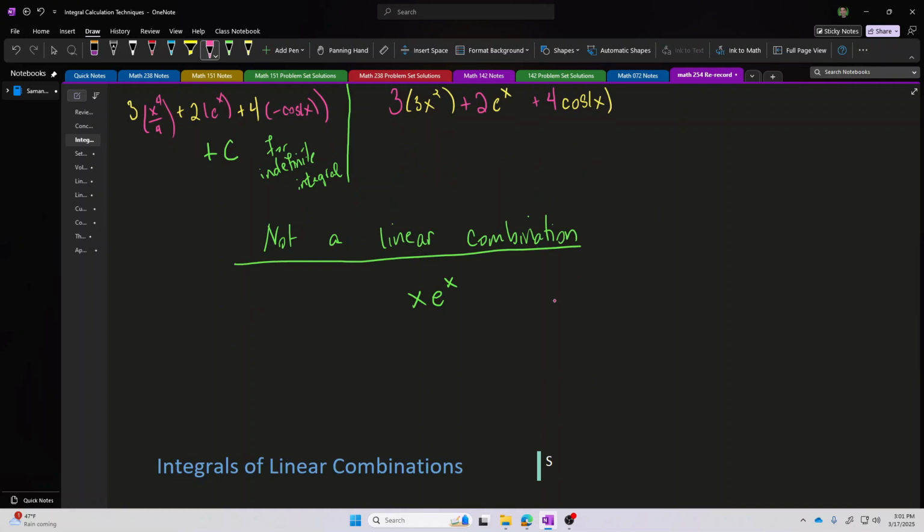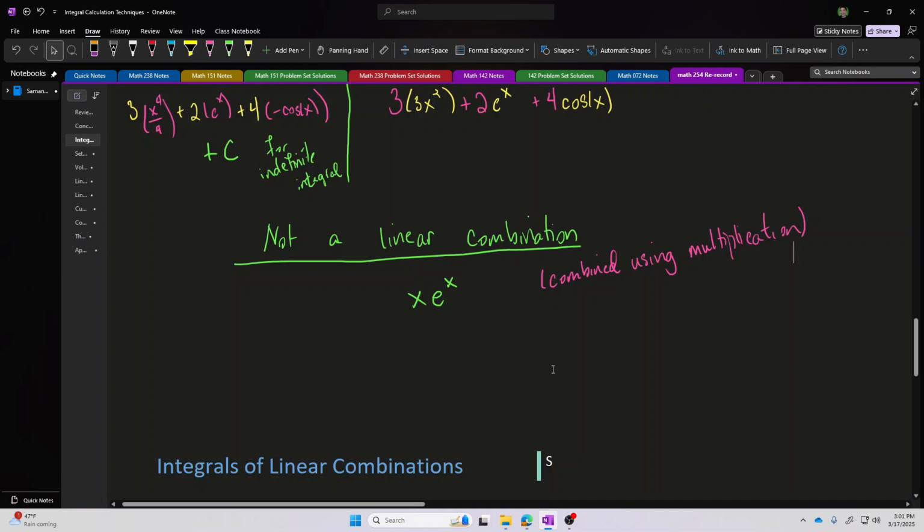And so it would be a combination of toolkit functions, but not a linear one. Which means in general, it's going to be much harder to find a derivative or an integral of this function.